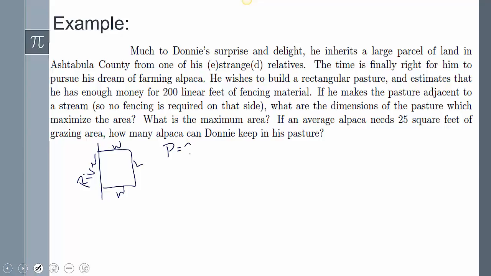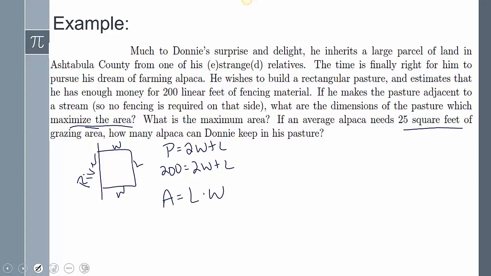In this case, my perimeter would be 2W plus L, which is 200 equals 2W plus L. And then the other one needs 25 square feet, so that sounds like area, and maximize area. So I also need an area equation, so area equals length times width of any rectangle.